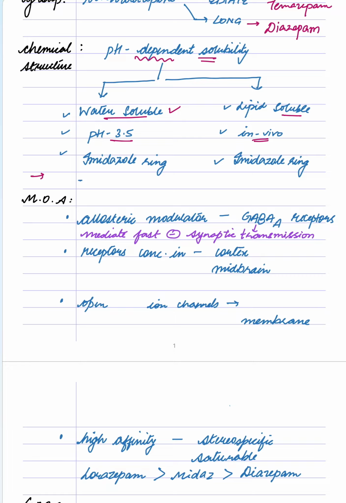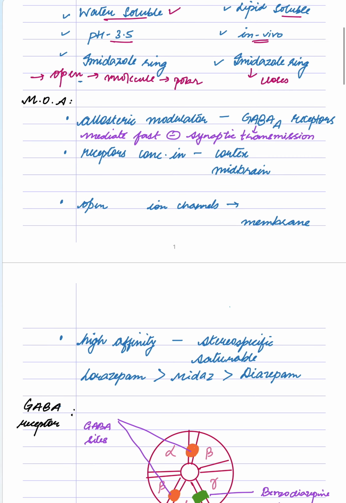When the drug is outside the body, this ring is open, which makes the molecule polar, hence giving it the property of being water soluble. But in vivo, this imidazoline ring closes, and hence the drug becomes lipid soluble.